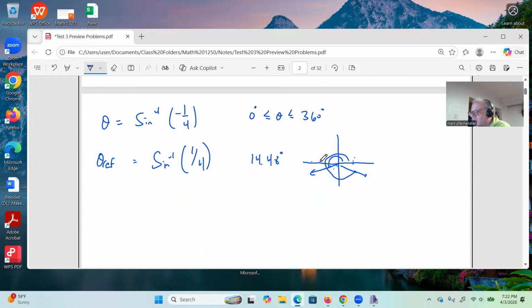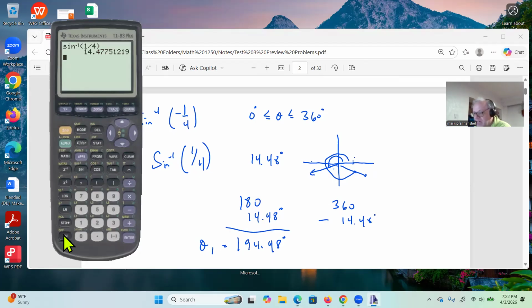Okay. So in order to get this first angle, it's going to be 180 plus 14.48 degrees here. Okay. So we end up with 194.48 degrees. So that's my first angle where this thing crosses. The second angle, we can say, okay, it's going to be 360 minus 14.48 degrees. That's going to give me this thing up here.